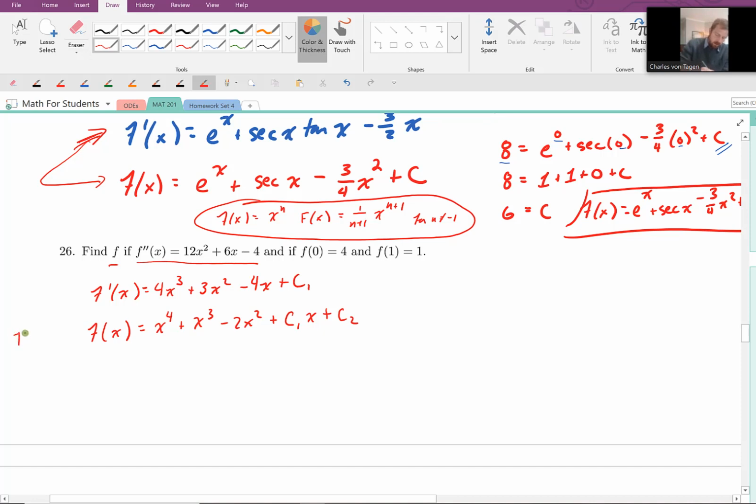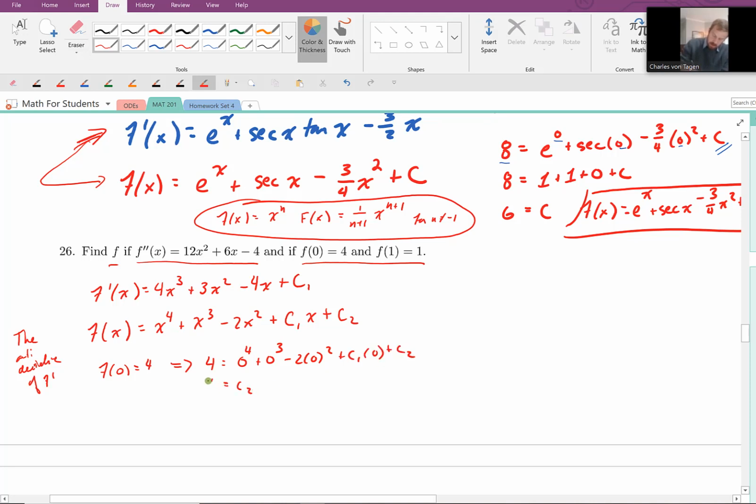This is the antiderivative of f prime, but we specifically want this function to satisfy these two conditions here. That is, when I plug in a 0, I want it to output a 4. Well, that would mean that 4 would be equal to 0 to the fourth plus 0 to the third minus 2 times 0 squared plus c1 times 0 plus c2.